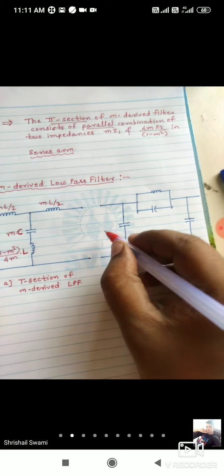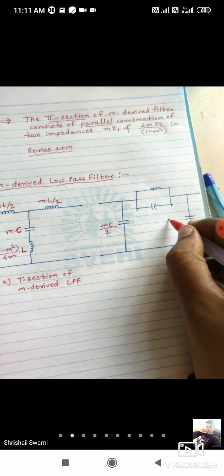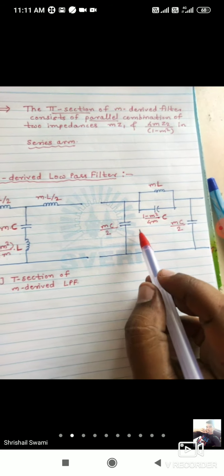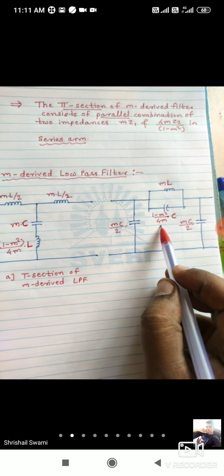Here the value was C by 2, just multiply by m: m into C by 2. Here the parallel combination of this, so m into L, and this capacitor will be 1 minus m square divided by 4m into C. So here 1 minus m square divided by 4m into L.